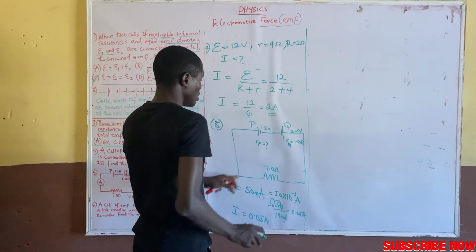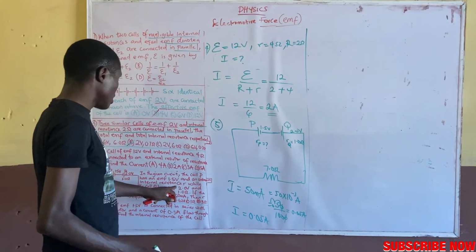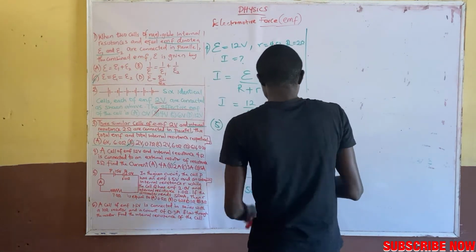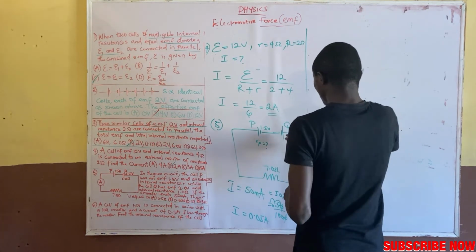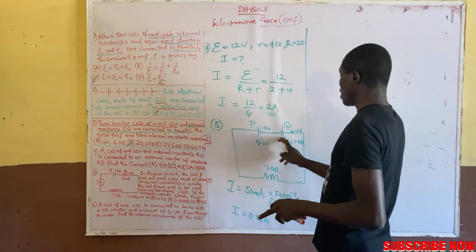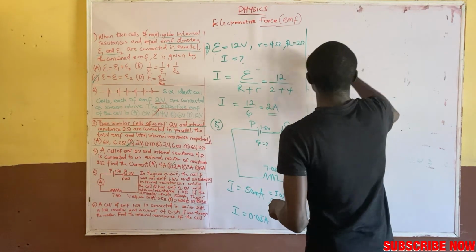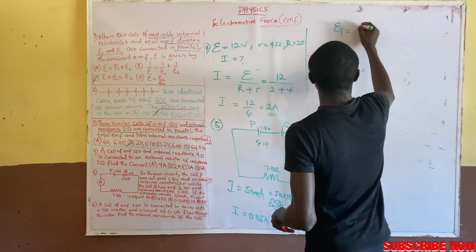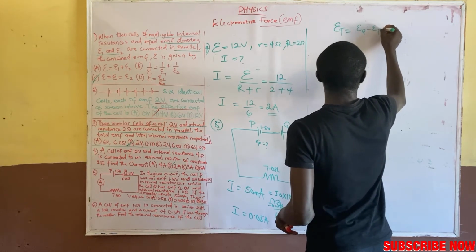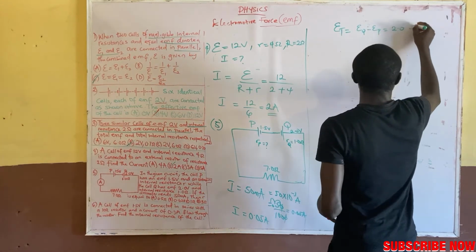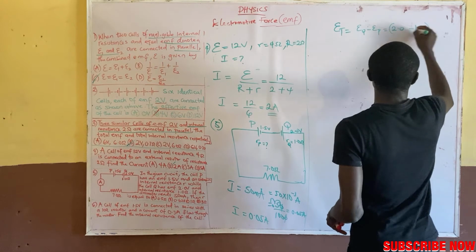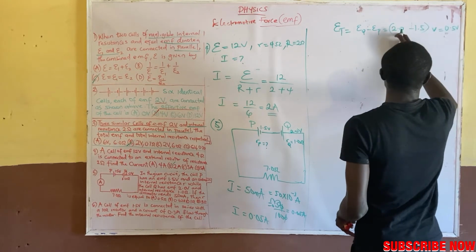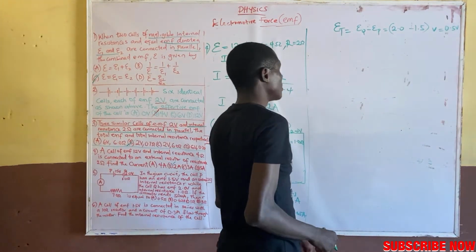I term it RP, the internal resistance r of cell P. Look at this: the EMF Q here is in opposition with EMF P. So the total EMF here will be EMF Q minus EMF P, which is 2.0 volts minus 1.5 volts, which is equal to 0.5 volts.